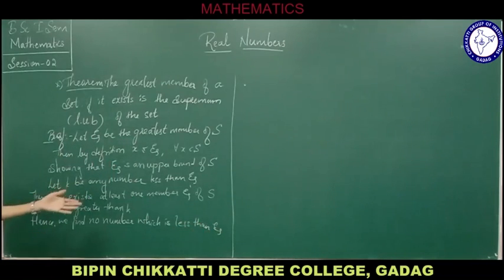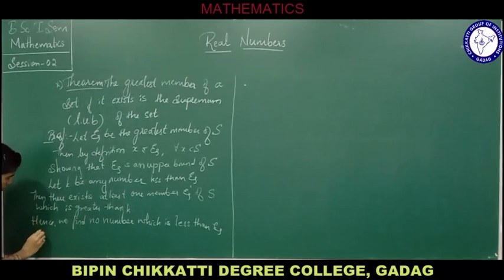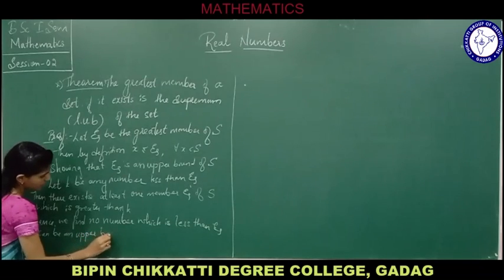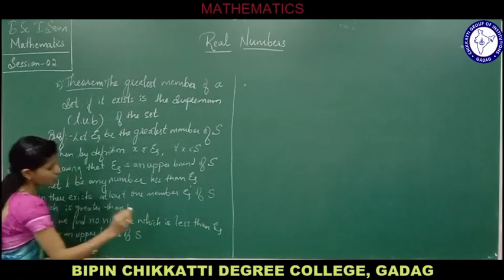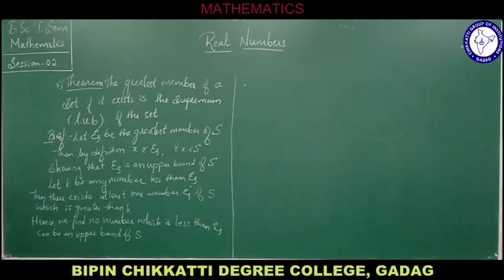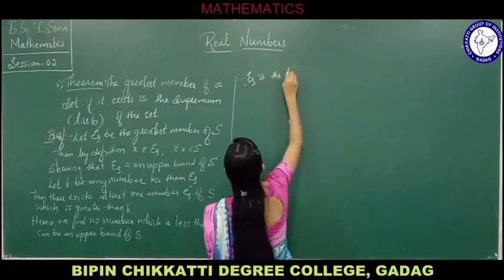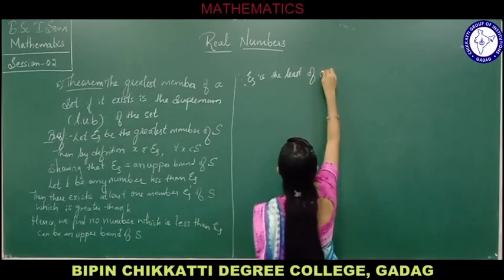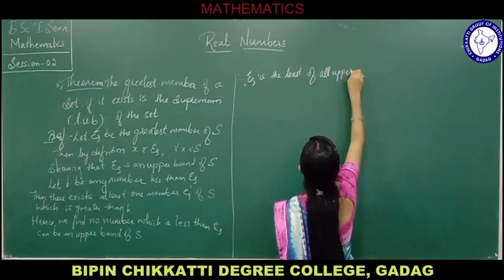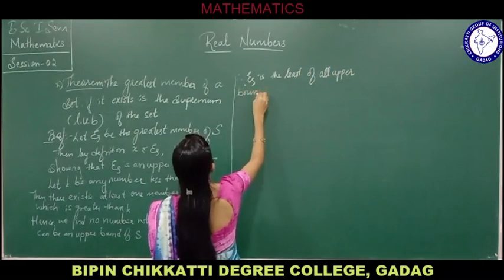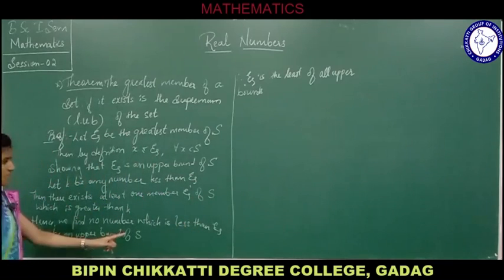If we find no number less than epsilon, then no number less than epsilon can be an upper bound of S. Therefore, epsilon is the least of all upper bounds.